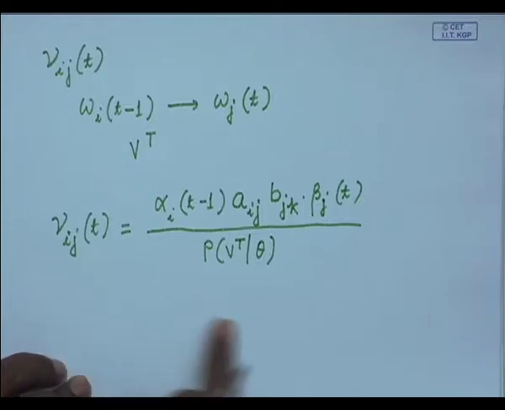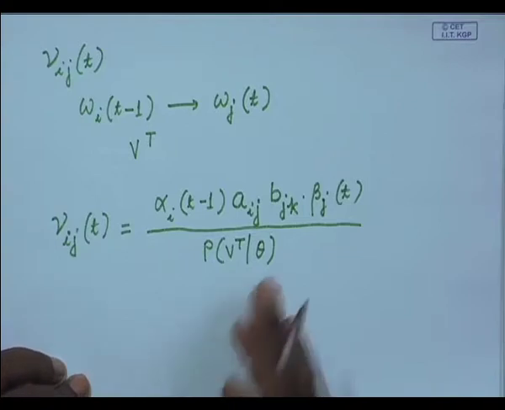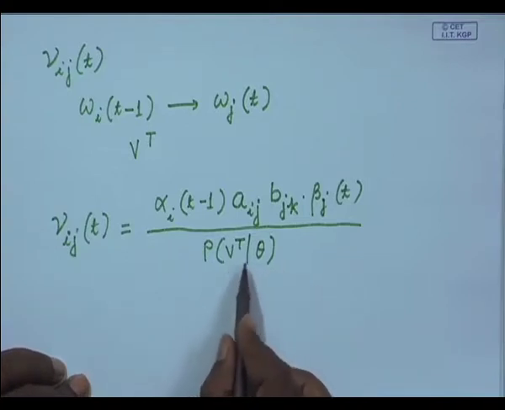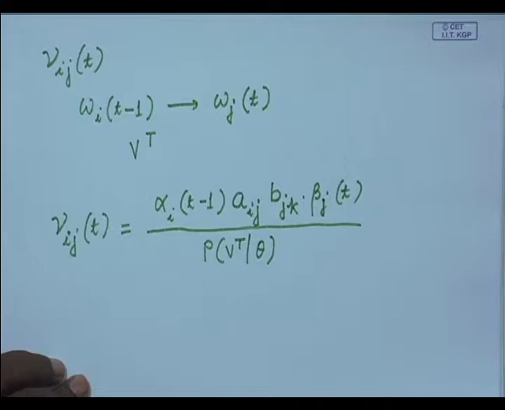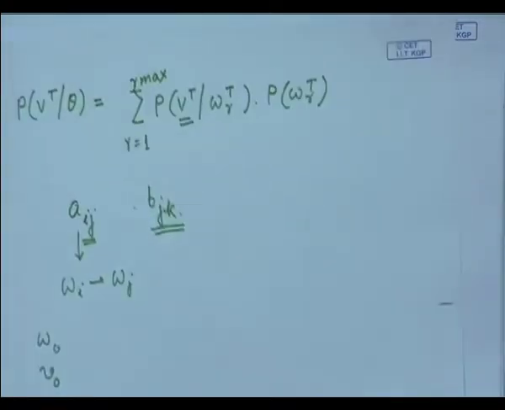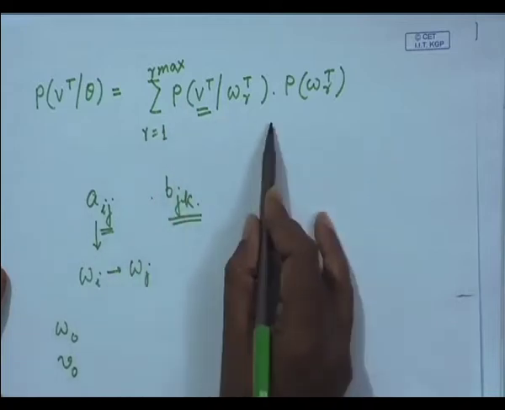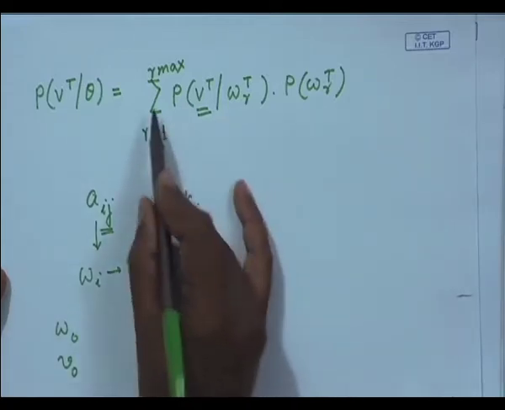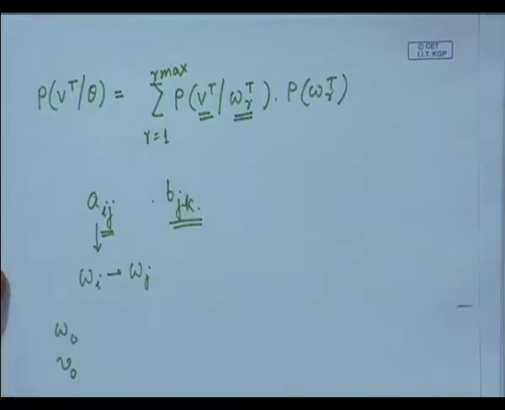And you find that this p V t given theta is the probability that the model theta has generated this sequence V t following any path, and that is quite obvious, because the definition of p V t given theta was like this: it is summed over all possible paths omega r t.